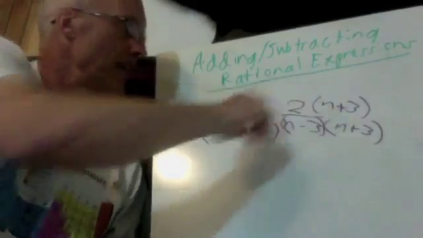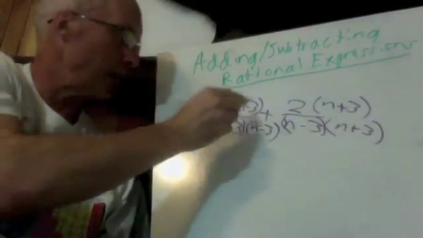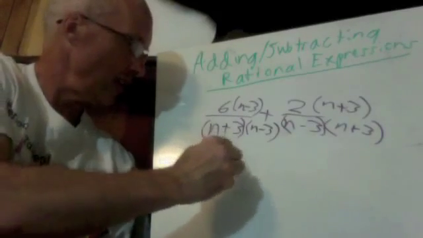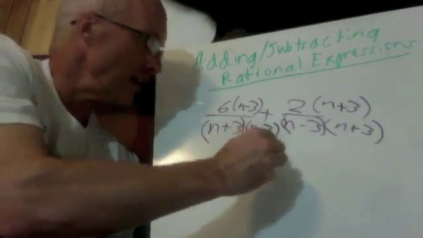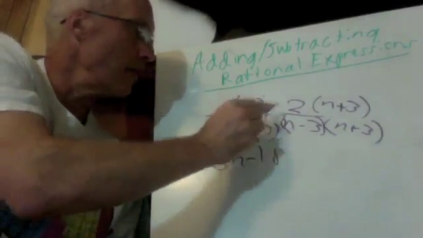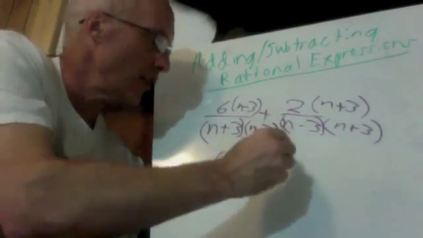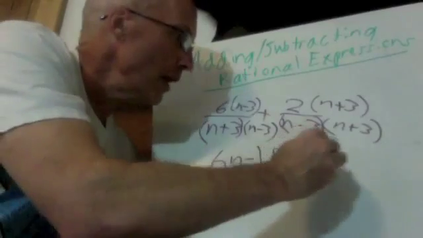The top is going to get kind of messy when I expand it out. Due to the distributive property, it's going to be 6n minus 18. And here I have positive 2 times this. 2 times n plus 3 is going to be 2n plus 6.